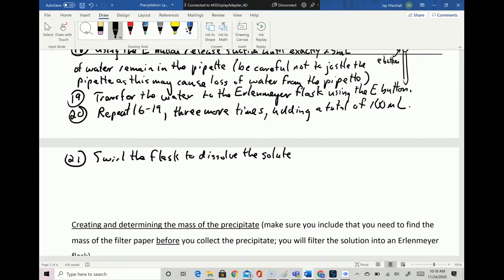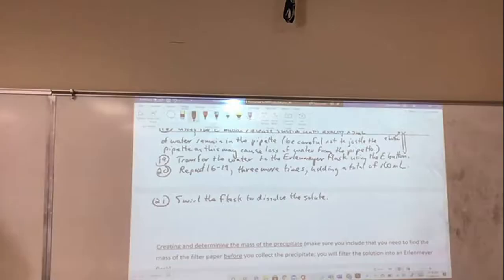Okay. So that's probably the hardest part of the procedure right there, isn't it? So once you've got the description of how to create the solutions, the rest of it's pretty straightforward.